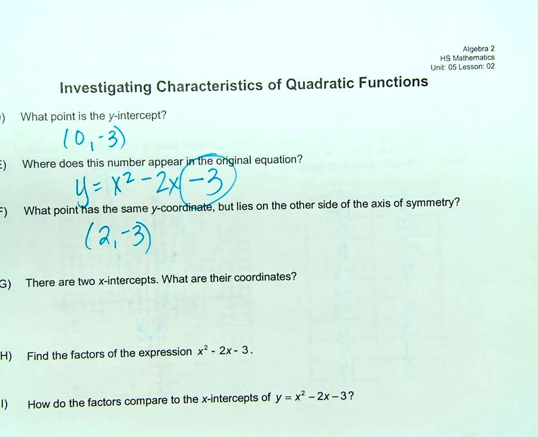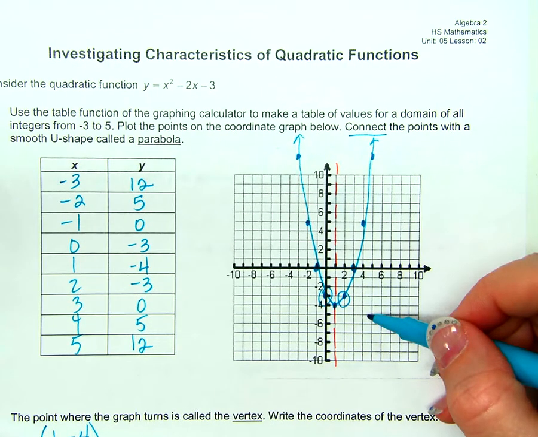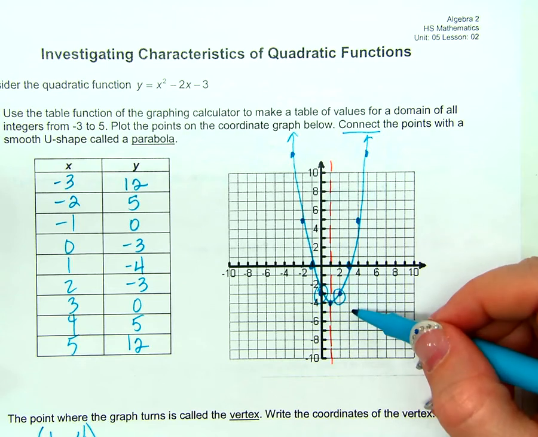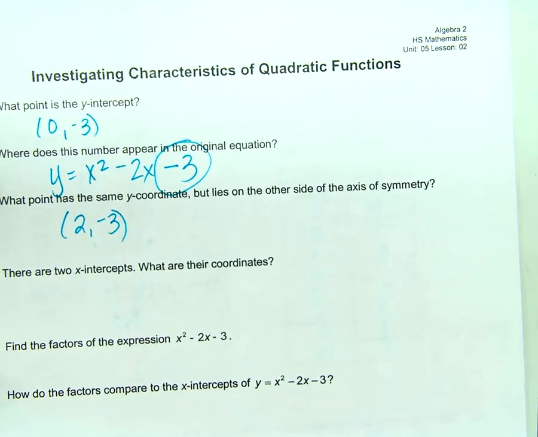Any idea why that would be a point symmetric to the y-intercept? If I folded over the line, they would be on top of each other. It's the same distance from the line of symmetry, right? Any of those will work. Does that make sense to everyone? Okay, good.